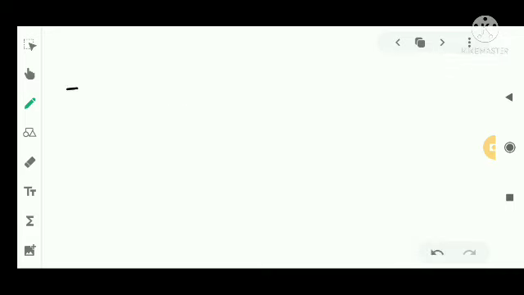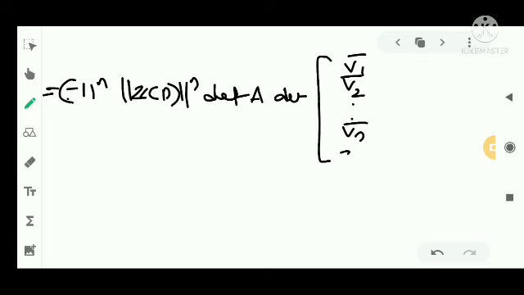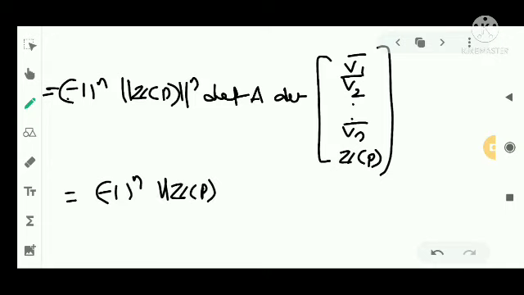So we get it is -1 all raised to n norm set of P whole raised to n into determinant of A into then the term is determinant of V1 V2 etc. Vn set of P. So that's equal to -1 all raised to n norm of set of P all raised to n.